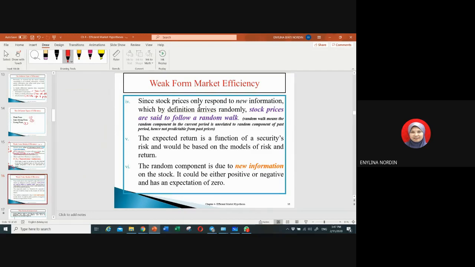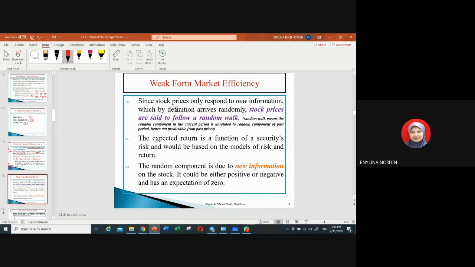Okay, right. Since stock prices only respond to new information, which by definition arrives randomly, stock prices are said to follow a random walk theory. Random walk means the random component in the current period is unrelated to the random component of past periods. That means the future stock price is unpredictable. In the efficient market, the stock price is unpredictable as it follows a random walk hypothesis.